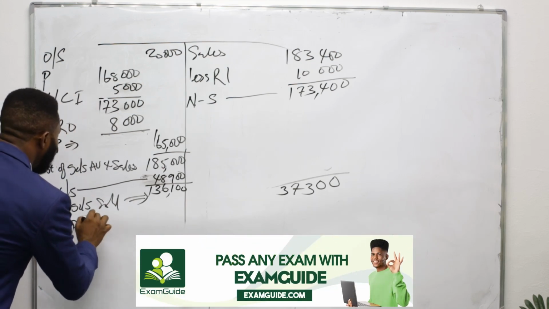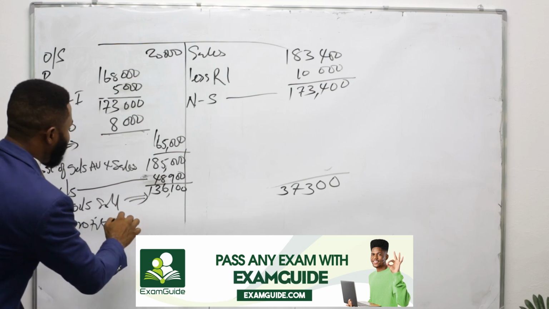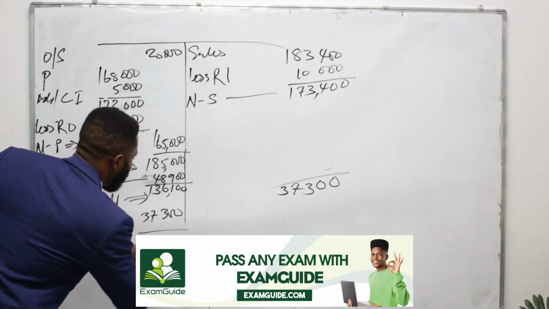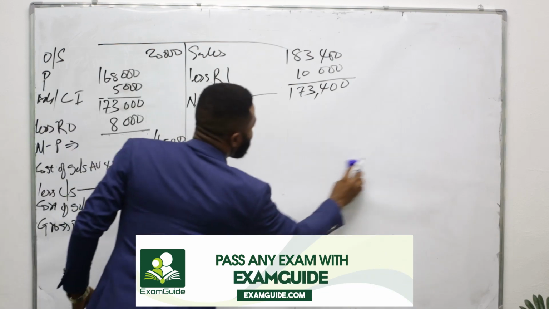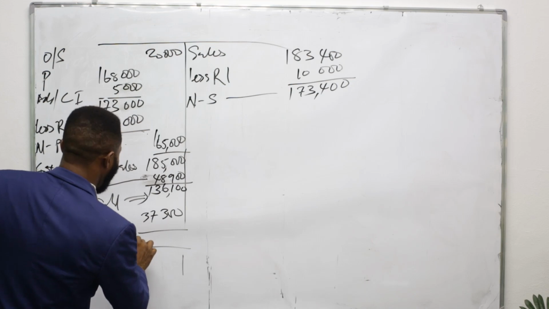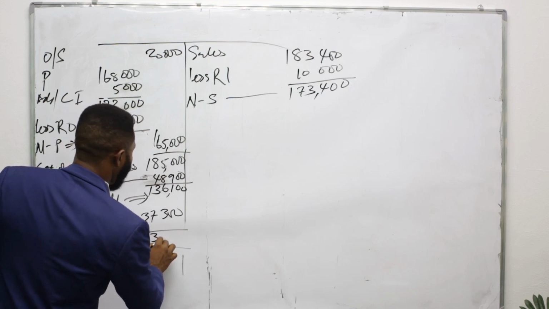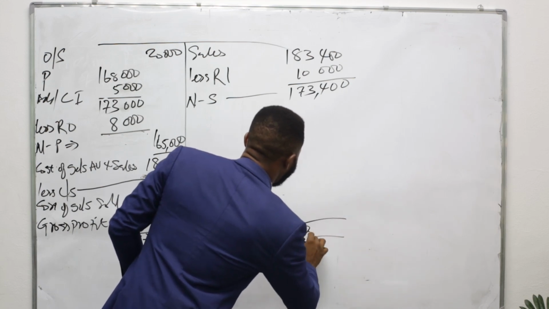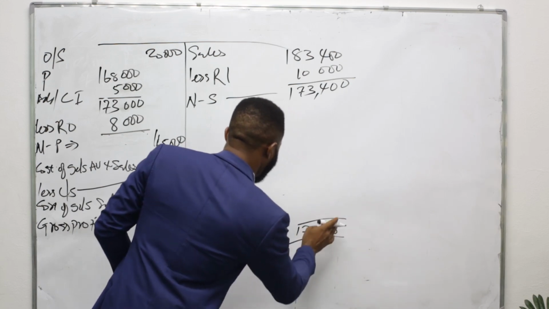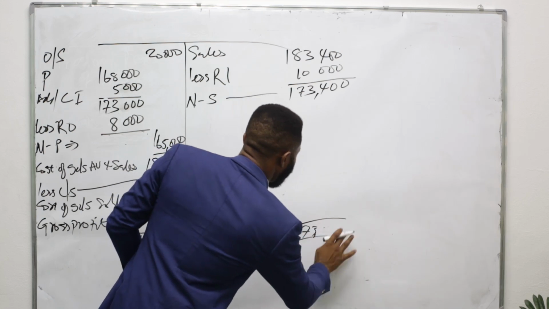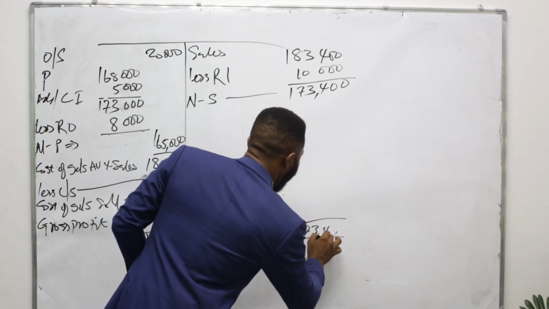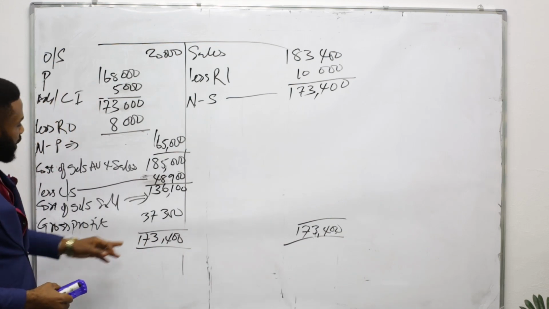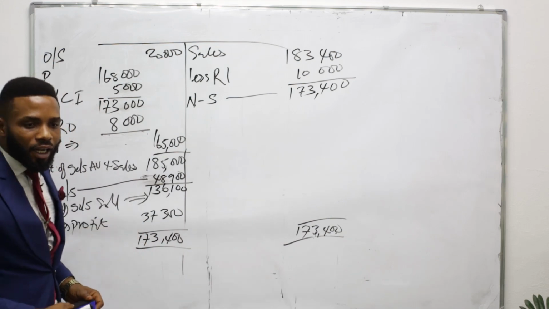So your gross profit is equal to 37,300. At the end of the day, the answer is 37,300.